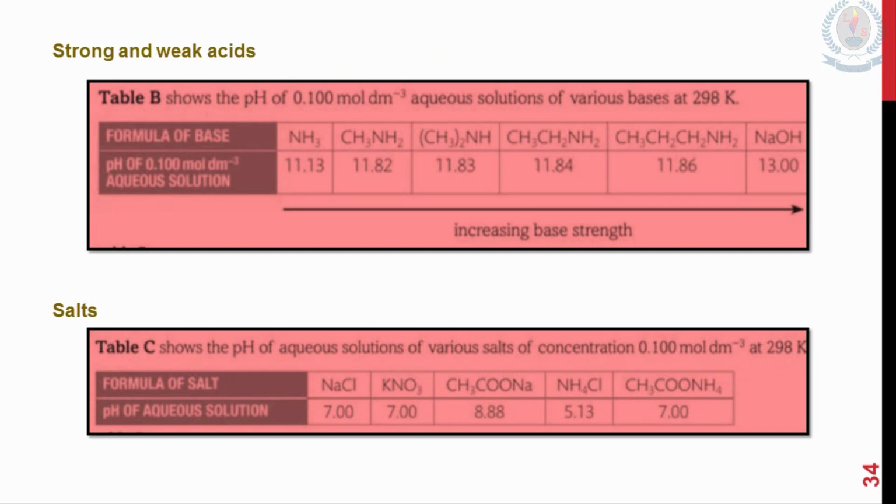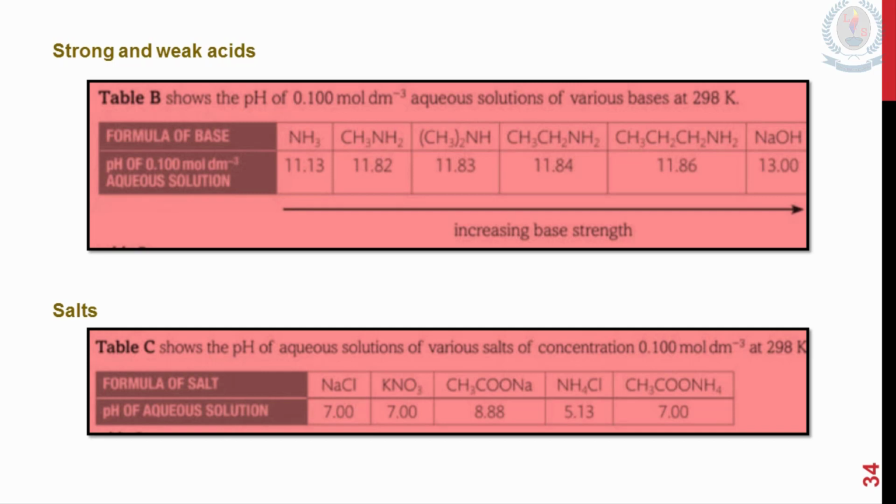In here table C shows the pH of aqueous solutions of various salts of concentration 0.1 M at 298 Kelvin. There you can see the pH of sodium chloride is 7 because the salt is made from a strong acid HCl and a strong base NaOH.